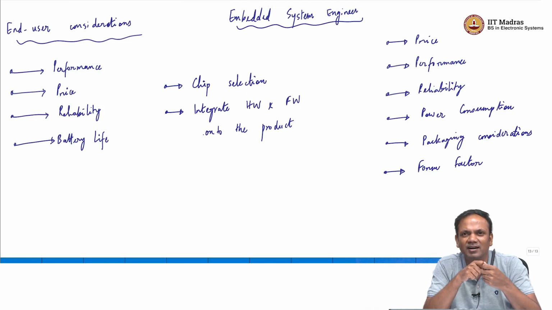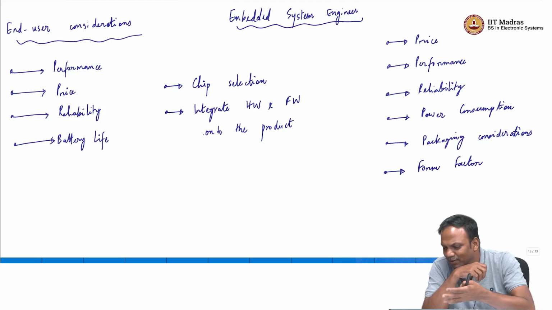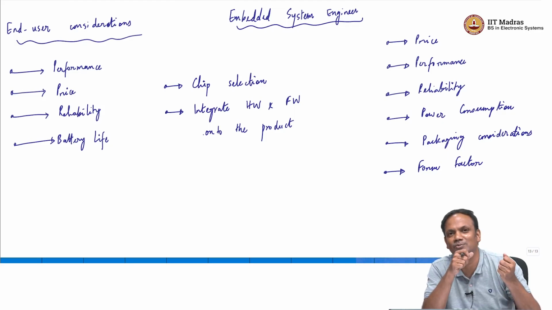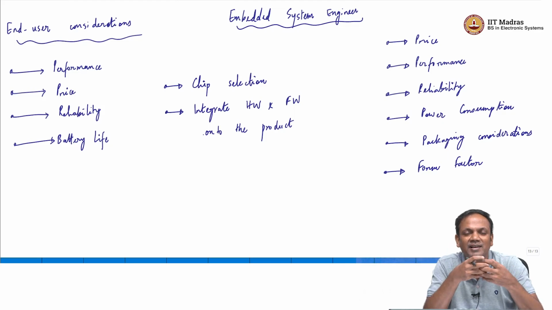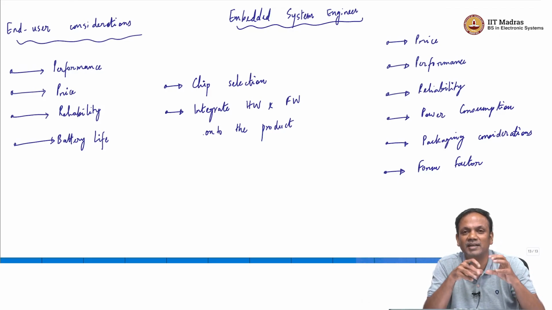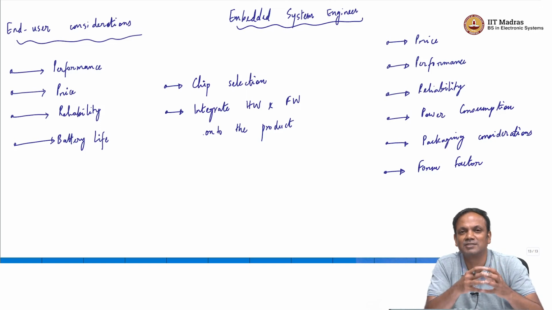And now, okay, if I understand what those two mean, what document gives me information on the other things, and how do I parse such a document? How do I read it? How do I understand it? Right? And I also, to be an efficient chip selector, have to understand how that subsystem works so that I am able to evaluate different chips properly. So I need an understanding of that subsystem operation.